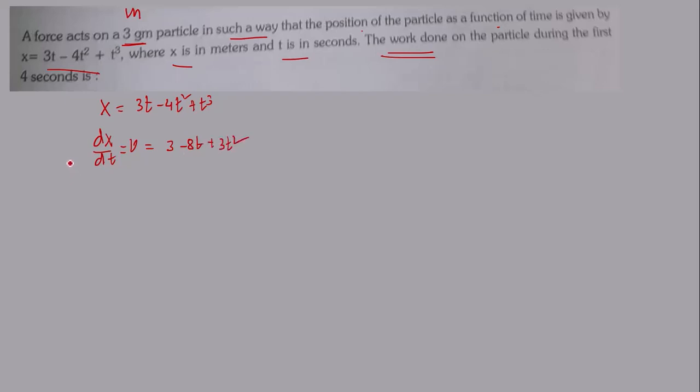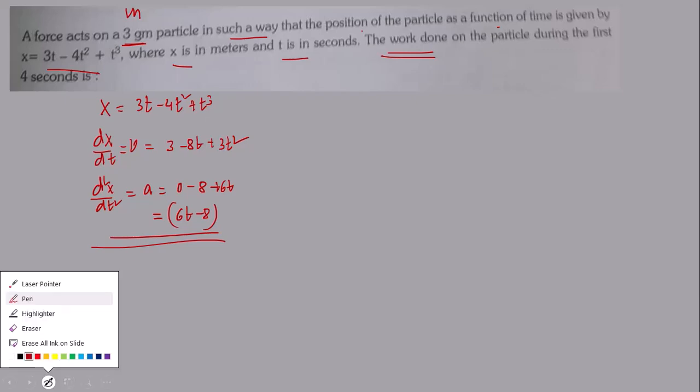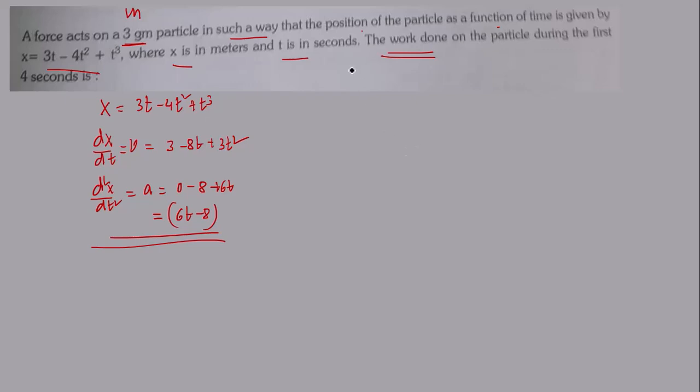If I further differentiate it, I get d2x/dt square, that is the acceleration, equal to 0 minus 8 plus 6t. That means 6t minus 8 is the particle acceleration. So clearly the particle is moving with variable acceleration, and corresponding to that, the force is also variable.